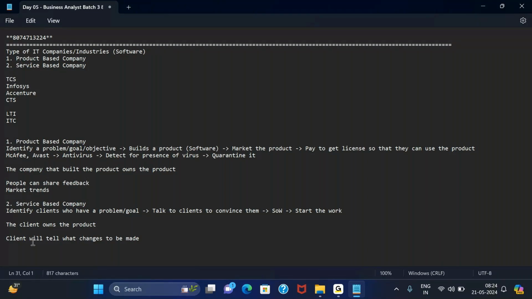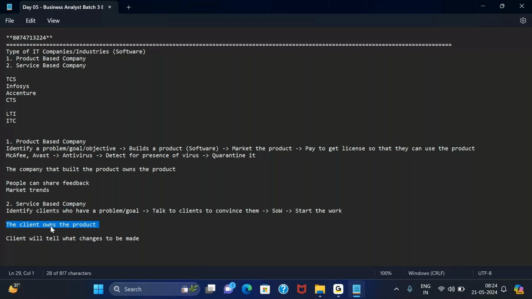Even if I want some changes, I cannot do it. Why can't I make any of these changes? Remember, we don't own the software here. The client owns the software. That is why everything has to be approved by them.